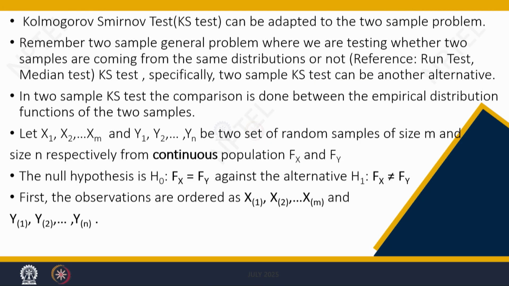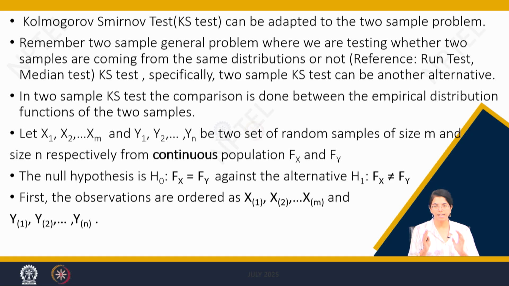The Kolmogorov-Smirnov test, in short the KS test, can be adapted to the two sample problem. Remember the two sample general problem which we have already encountered in our module 3 session. Remember the run test, remember the median test. We would like to check whether two distributions are identical or, as the alternative hypothesis, not identical.